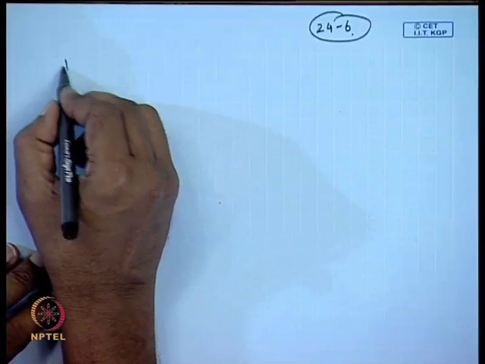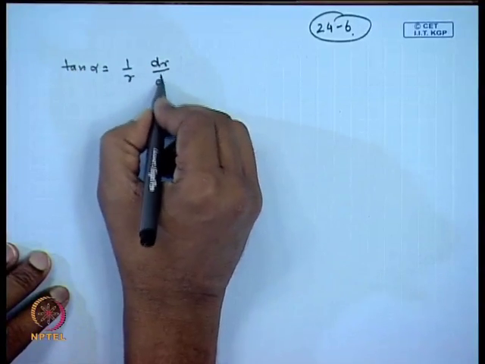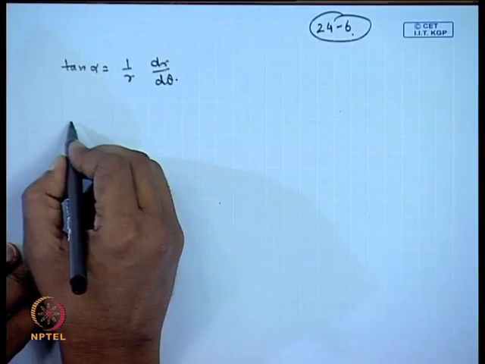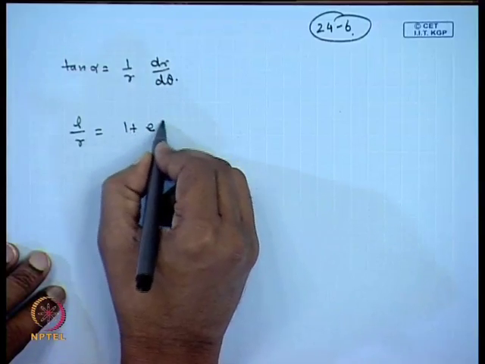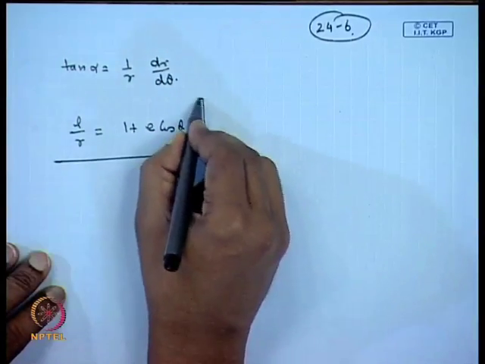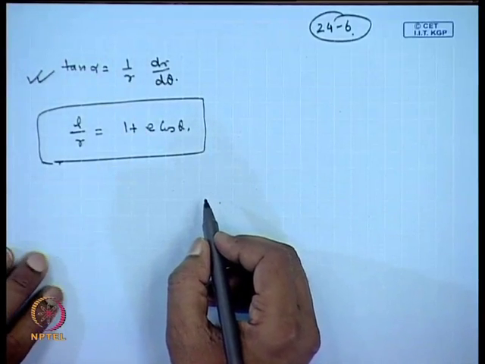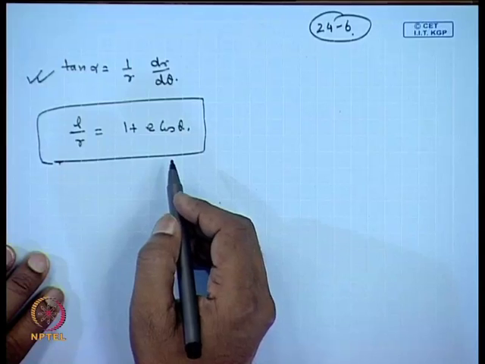Now, given tan alpha is equal to 1 by r dr by d theta, we can utilize the relationship for the ellipse developed earlier, which is L by r equal to 1 plus e cos theta, to work out the value of tan alpha. From here we can find out the value of dr by d theta.